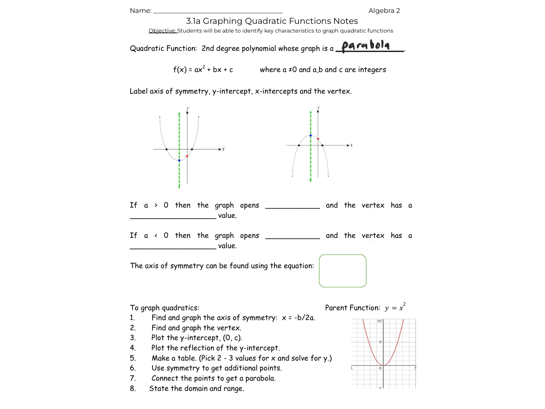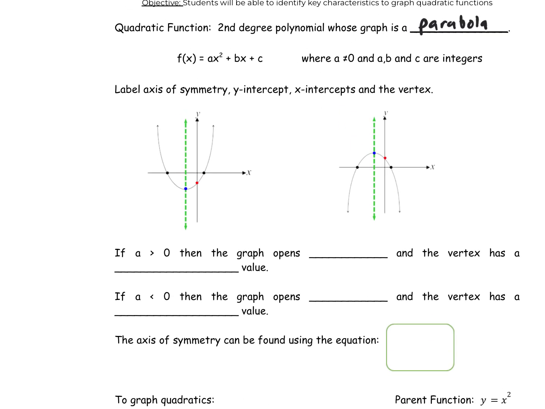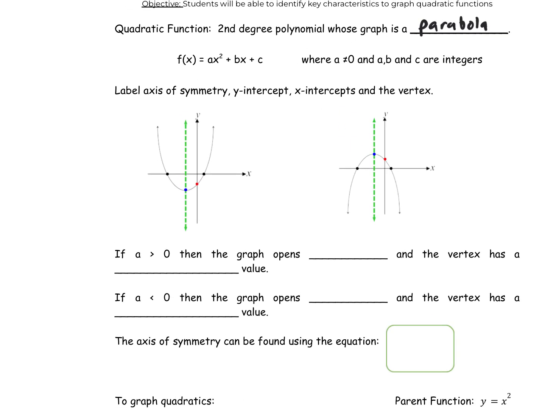So our axis of symmetry here in this first graph on the left is this imaginary line that is green here in my notes. Our y-intercept is where our parabola crosses the y-axis, and that would, of course, be the red dot.